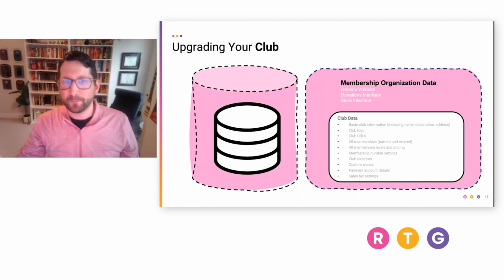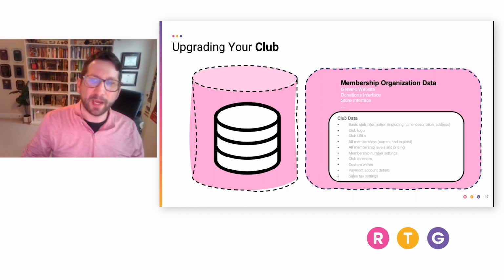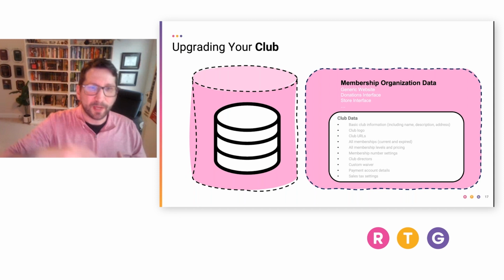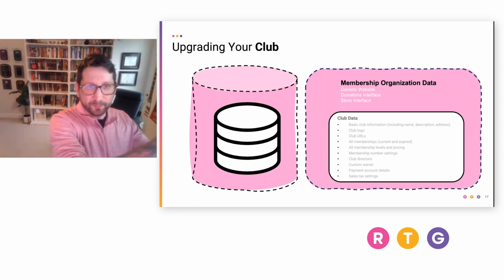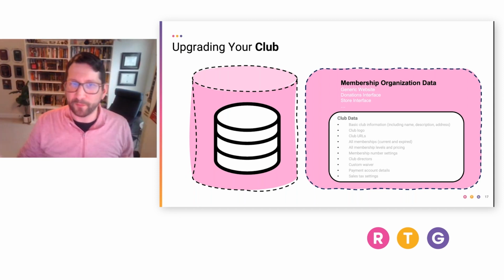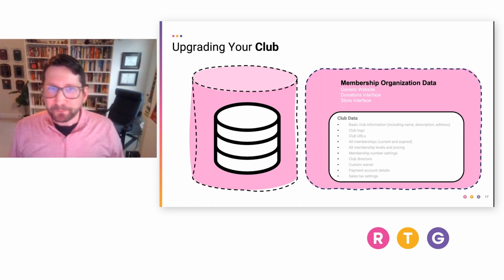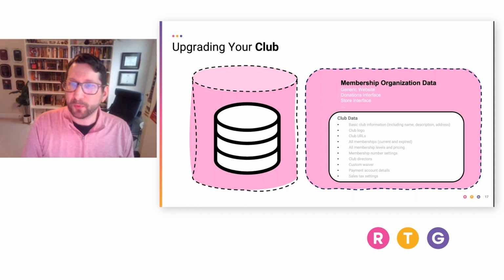If we want to grab John Doe, we know he's still there, but now there's going to be a layer on top of him that lets him interact with things like your email marketing V2. So you can get him into a contact list, and see him in a ticketed event, and have all of that stuff there. We have this wrapper around it, and in essence, that's what the membership organization is.